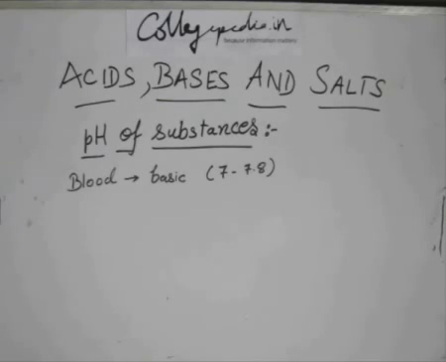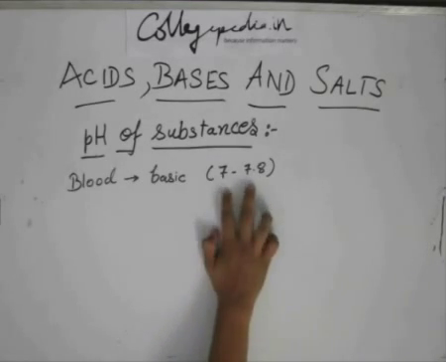The human blood is a little bit basic because we are adapted to that, and we want a pH between 7 and 7.8. We are comfortable in that pH. And if it becomes acidic, then we will not be able to survive. We can survive in only this very short range of blood pH.